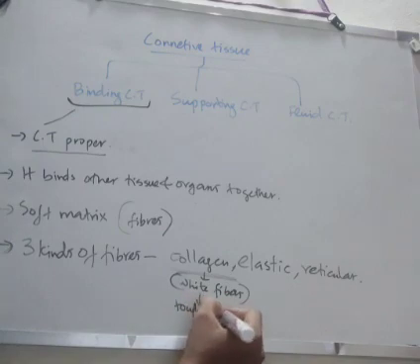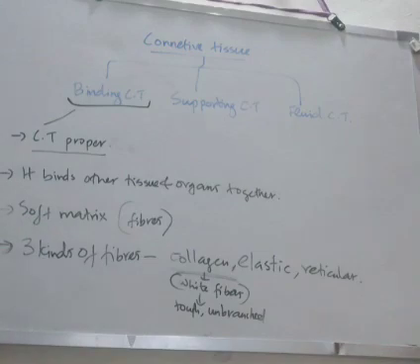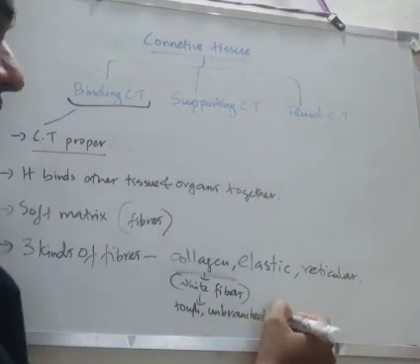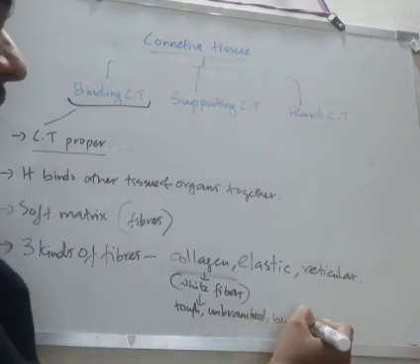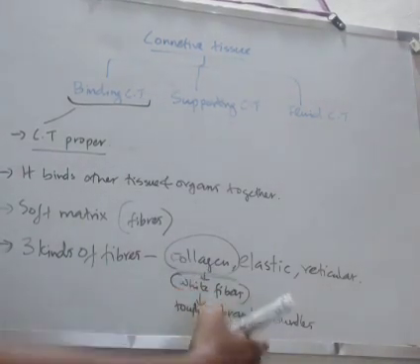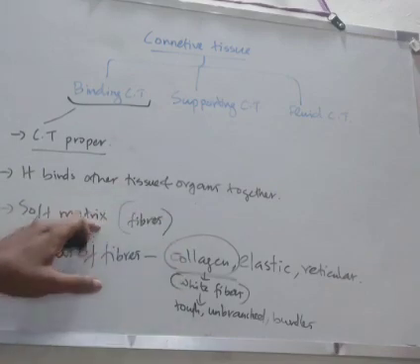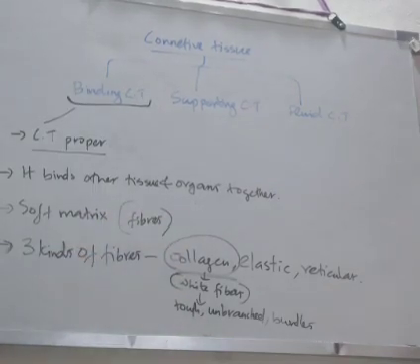Tough, unbranched, and occurring in bundles. So these collagen fibers can be seen in bundles in the soft matrix of binding connective tissue.